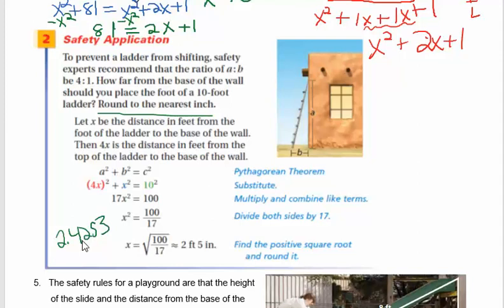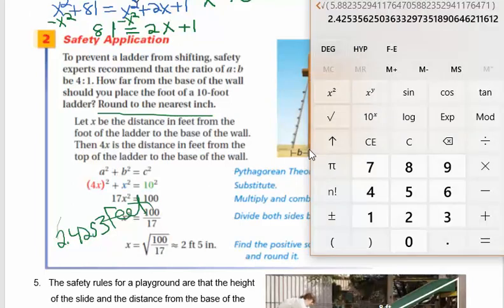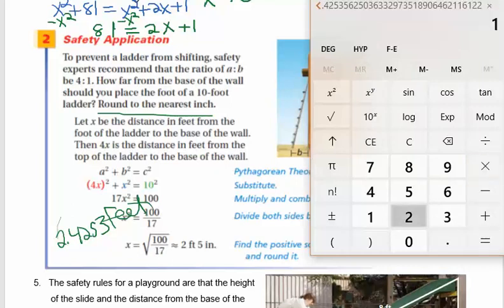It looks different, right? So to change, this is in feet. To change this to inches, we know it's 2 feet something. You need to change this part to inches. So let me get back to my calculator. To do that, you take the fractional part, which is just the decimal part there, the 0.4253, and multiply it by how many inches are in a foot.